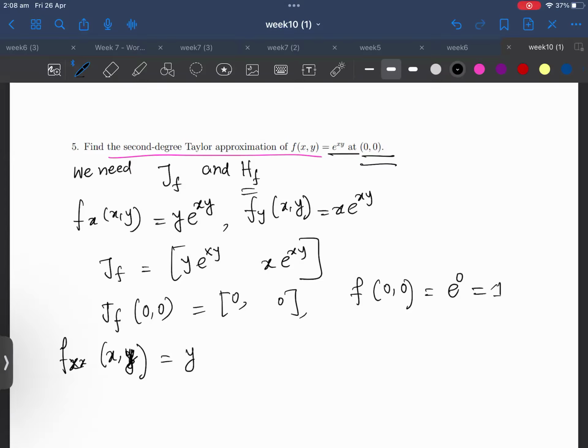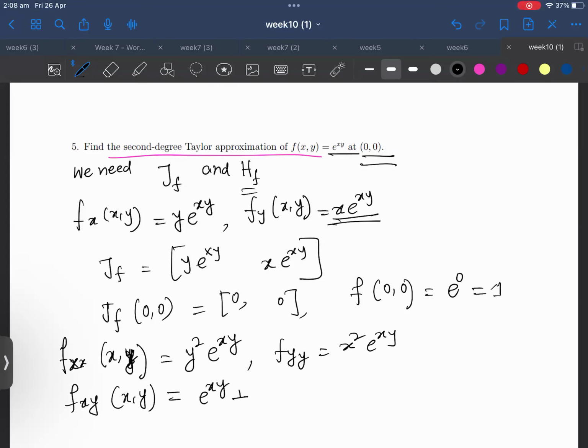Then you will get y squared e to the power xy. If you do y, then x squared e to the power xy. And we need the mixed derivative: e to the power xy plus xy e to the power xy, so 1 plus xy times e to the power xy.